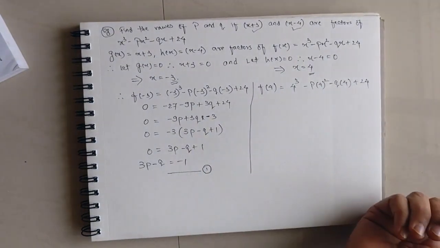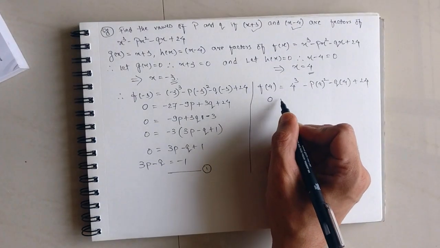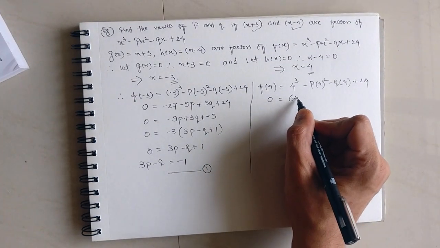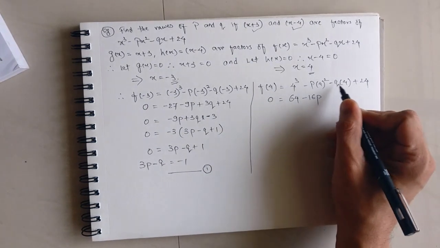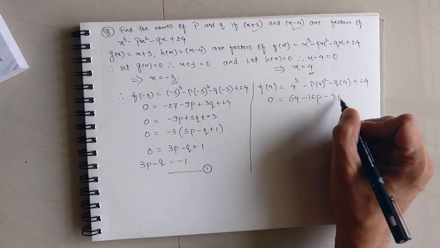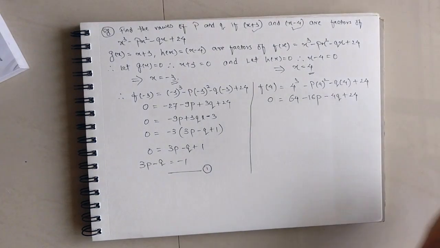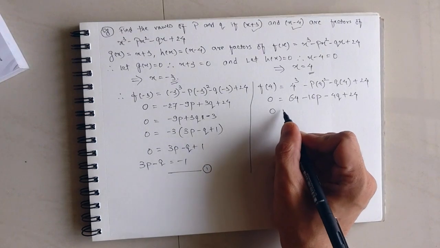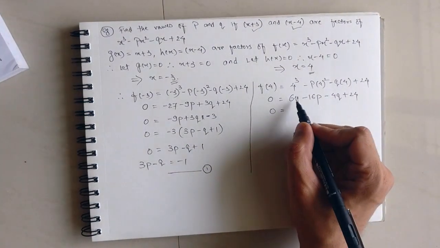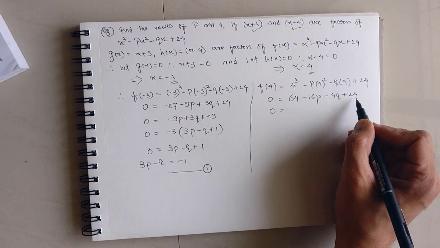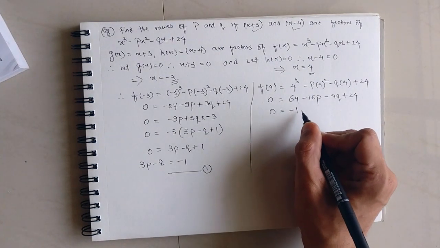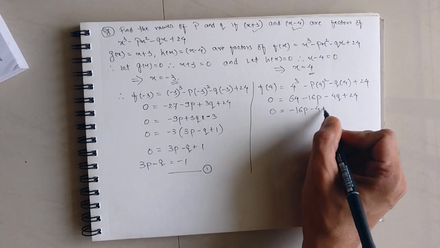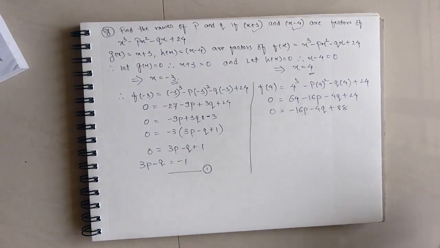Since h of x is a factor of f of x, the remainder automatically becomes 0. 4 cube is 64. 4 square is 16, minus 16p minus 4q plus 24. 64 plus 24 is 88. So it will be minus 16p minus 4q plus 88.